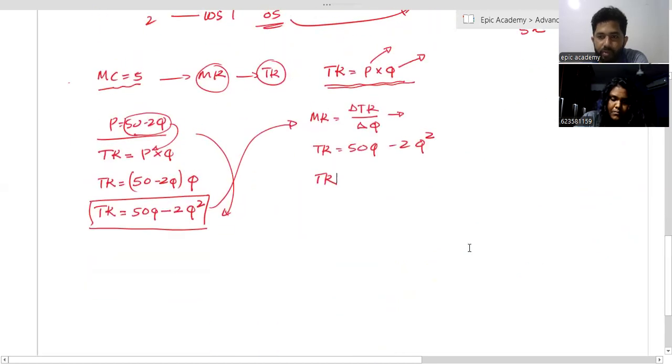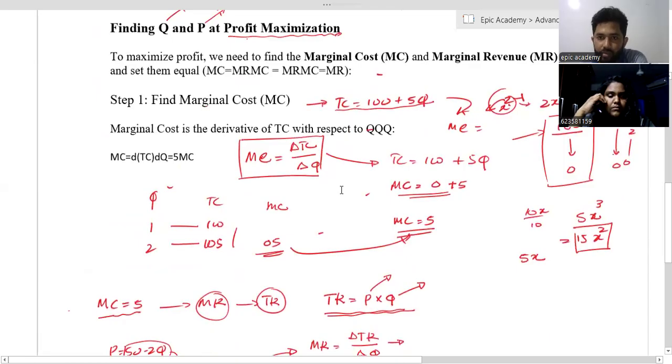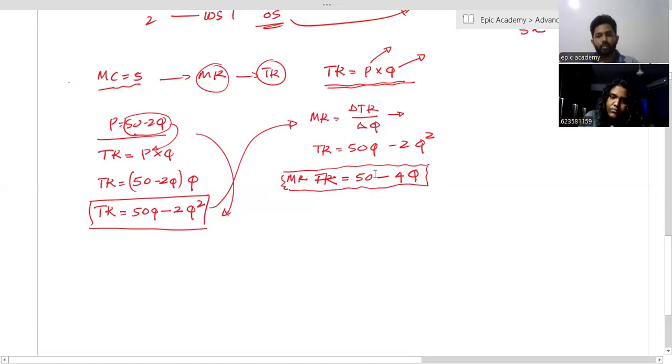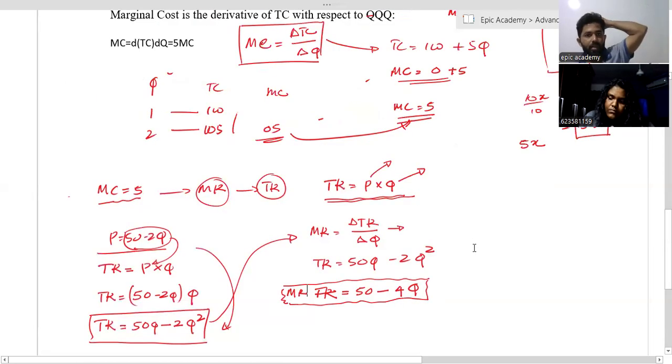So 50Q becomes only 50. Minus, take the power in front of the Q, it becomes 4Q. Q to the power 1 we don't write down. So this is the equation we identify as marginal revenue: MR equals 50 minus 4Q.